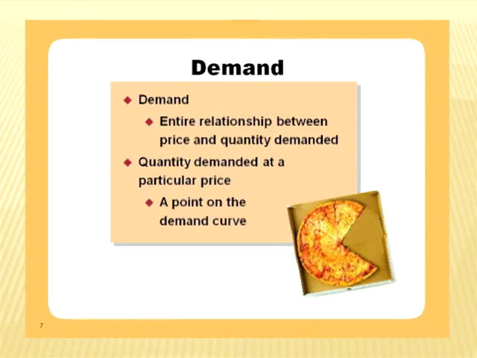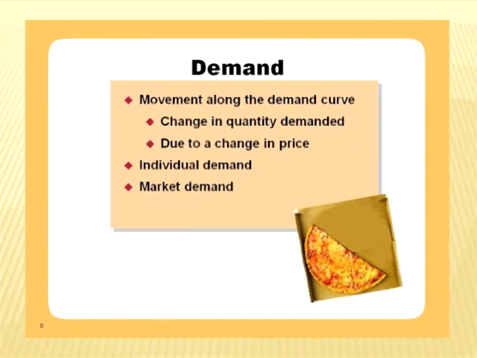It gives us the entire structure of that relationship, not just a single point. Quantity demanded, on the other hand, is a particular point. It is a single point on the demand curve or a single point on the demand schedule. It only gives us one part of the overall relationship, whereas demand gives us the entire relationship.